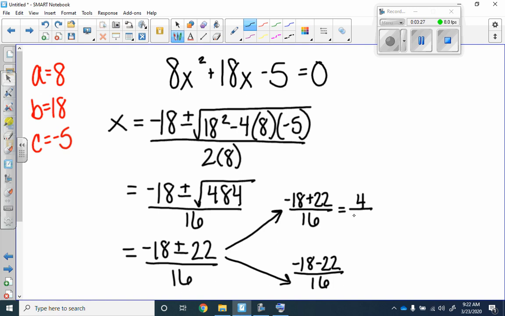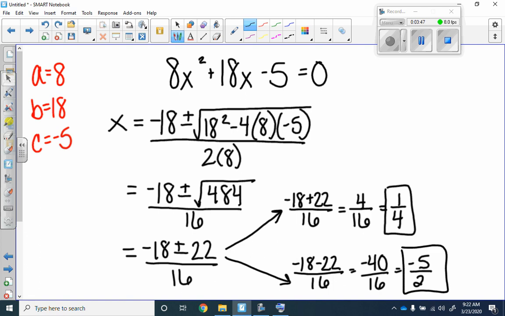And 4 divided by 16 gives us 1/4. So there is one solution. Negative 18 minus 22 would give us negative 40. And negative 40 divided by 16, you're going to end up with negative 5/2. And so we have two solutions that are found here by using our quadratic formula.